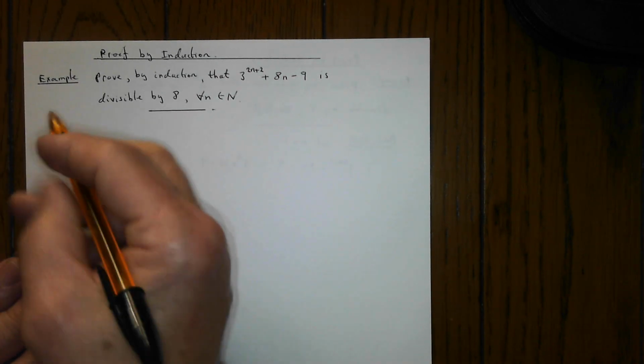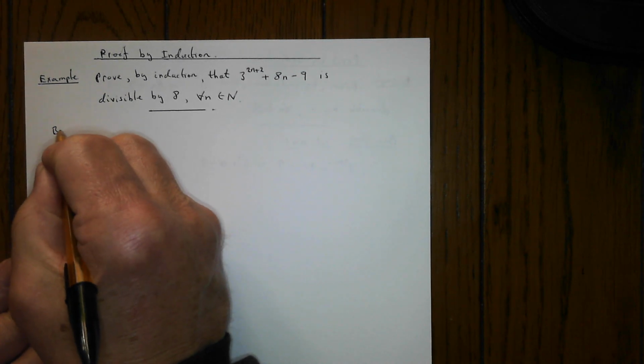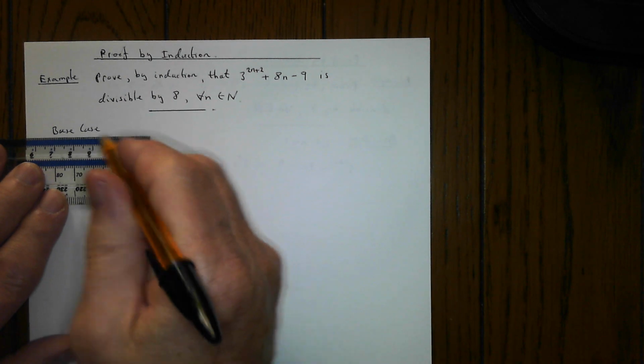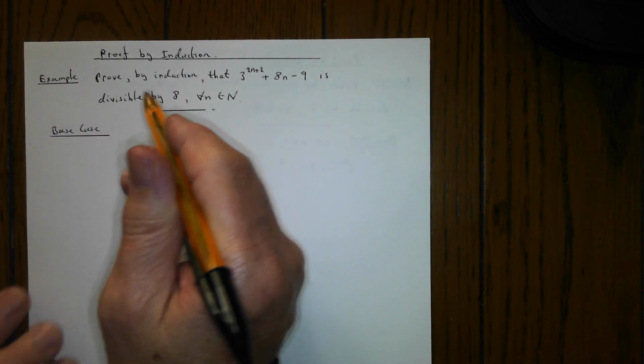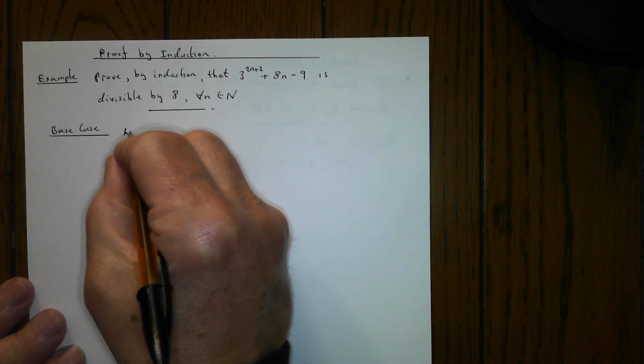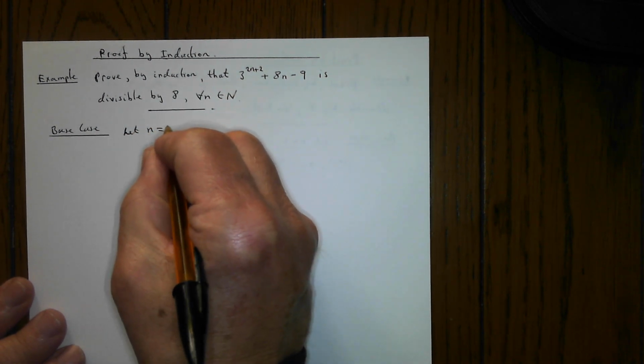So okay, we'll start with our base case. Because we're dealing with natural numbers, for all n member of N, the first natural number is 1. So let n equal 1 and see if our statement is true.